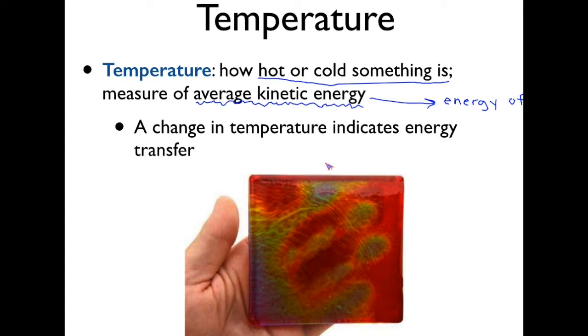And then basically, if the temperature changes, that means we're transferring energy. Okay, you can see this person has one of these little heat blocks and it turns a different color where his hand is. And this is because he's transferring energy basically to this little block.